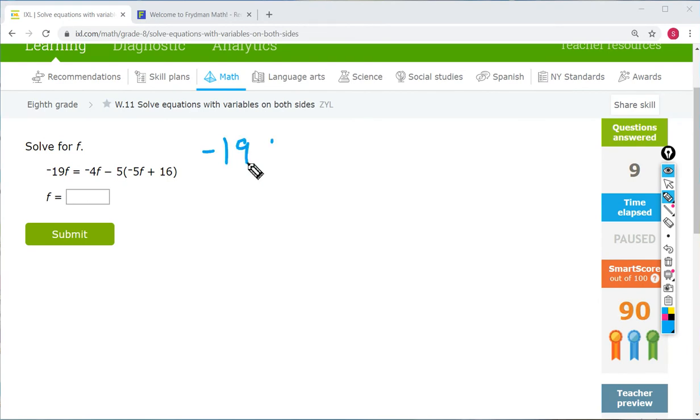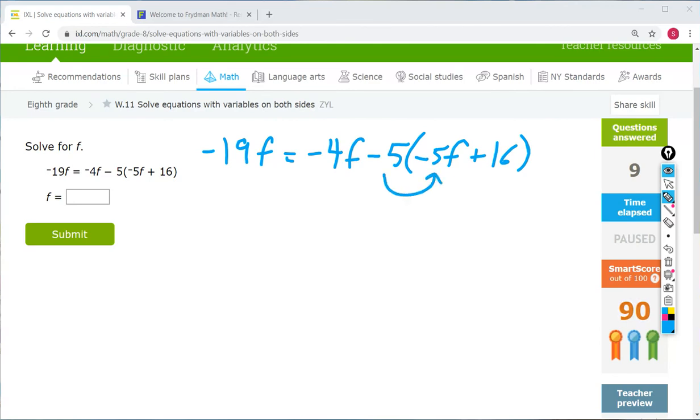Negative 19f equals negative 4f minus 5 times negative 5f plus 16. Okay, let's begin by distributing. So don't forget about this negative.